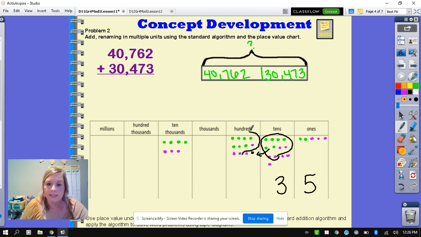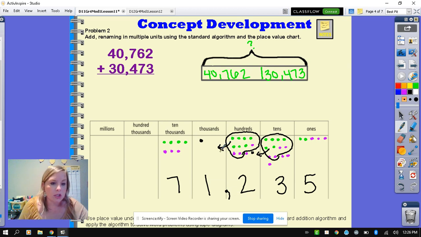So the same thing happens. If I have 10 again in this column, I take it and I cache it in over here for 1,000. I'm left with my 200s here. I have 1,000, and then I have 1, 2, 3, 4, 5, 6, 7. Now, I'm going to go 1, 2, 3, comma. That always goes right here on the thousands.